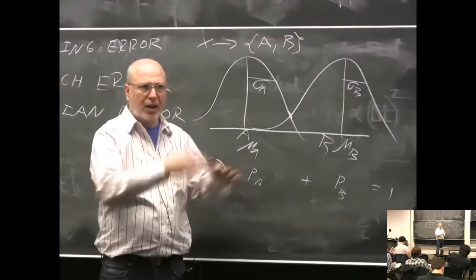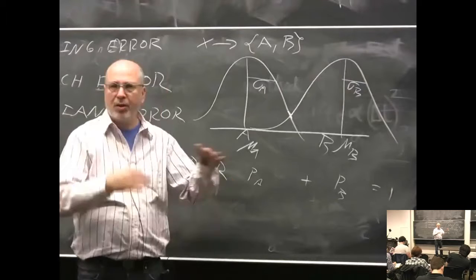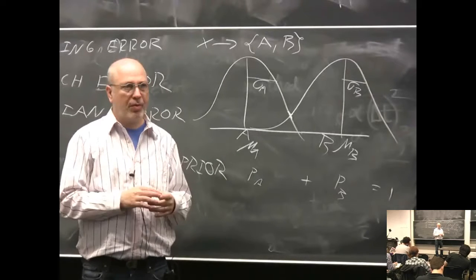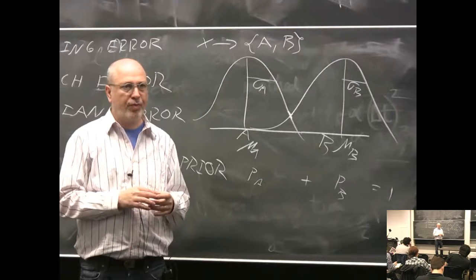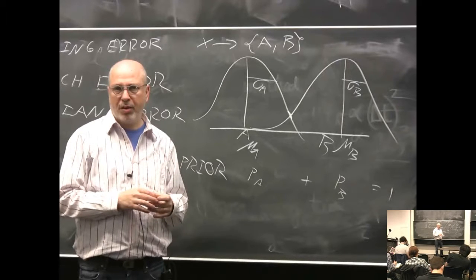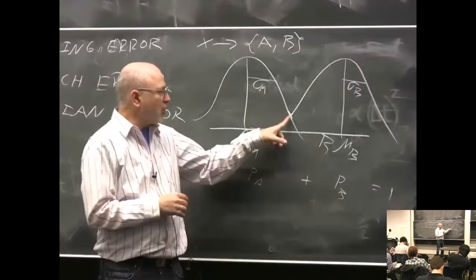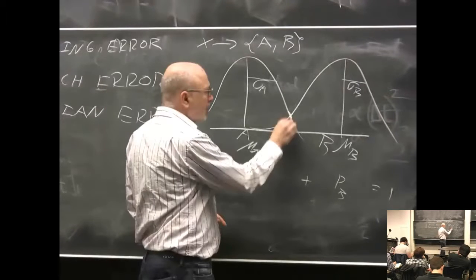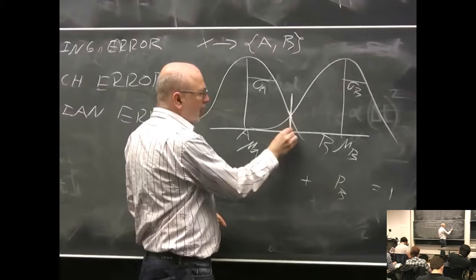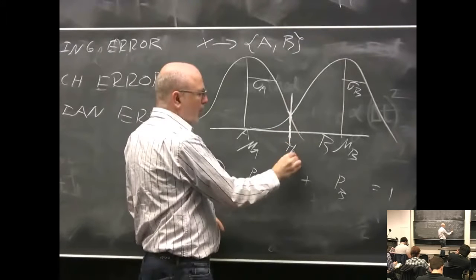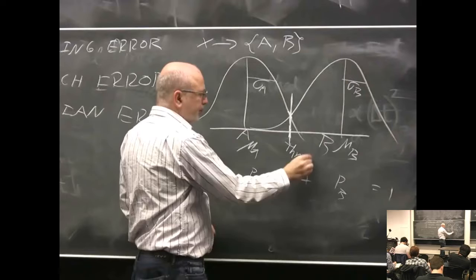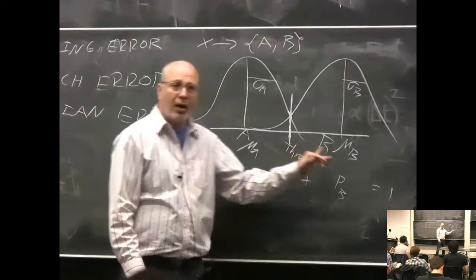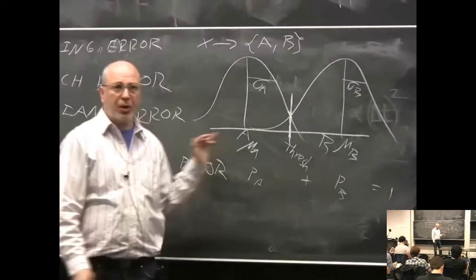But basically, there would be a point where the posterior for A would go above 50%, and then we should choose A. Otherwise, we choose B. Let's assume for simplicity that they are 50-50, so this point is exactly where they cross here. So this is my decision boundary, this threshold. Any point that's higher than this threshold, I will choose B. Any point that's lower, I will choose A.